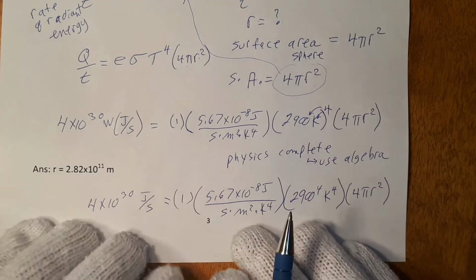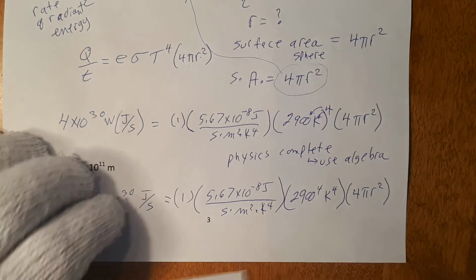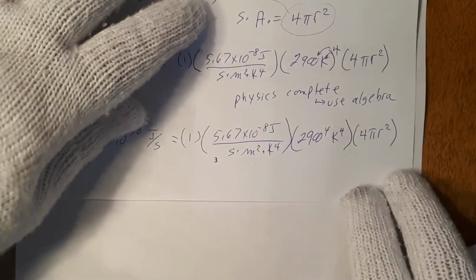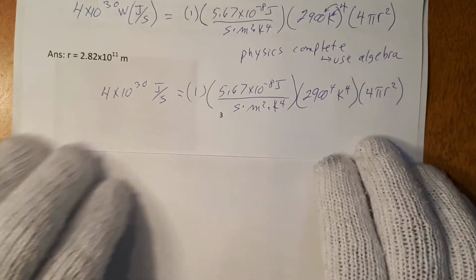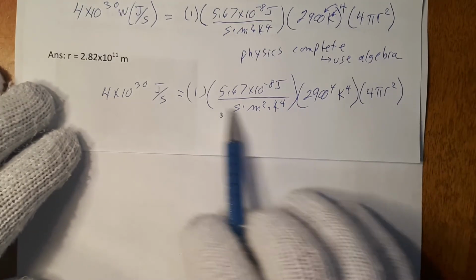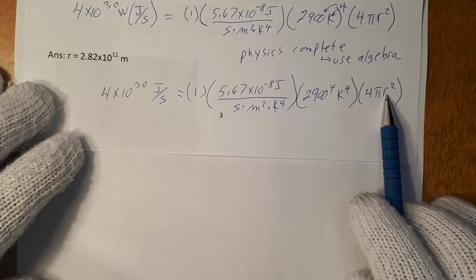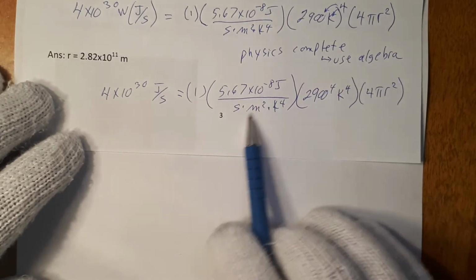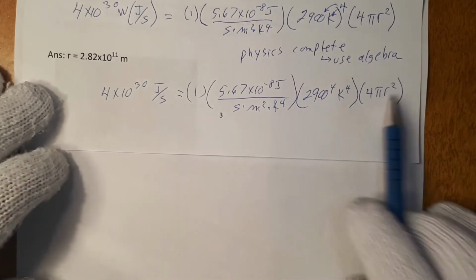I'm going to go over to another page and complete the algebra like this. Everything is multiplied, and I need to isolate r squared. I'm going to begin by bringing the 1 to the left-hand side, 5.67 to the left-hand side, 2900 to the left-hand side, and leave this on the right.